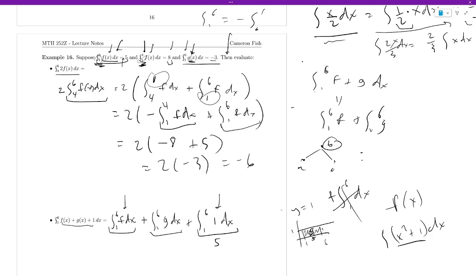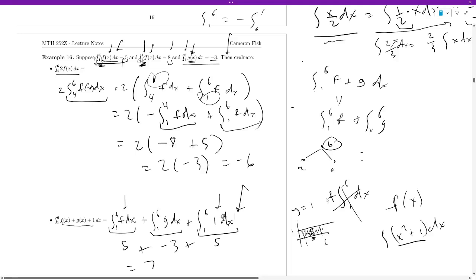The values of these two are coming from the given information at the top. So f from 1 to 6 is 5, g from 1 to 6 is negative 3. So we add all this stuff up. We should get 7, I think. So sometimes it's a combination of using the given information, and then sometimes figuring out an integral using, for now, geometry or Riemann sums.